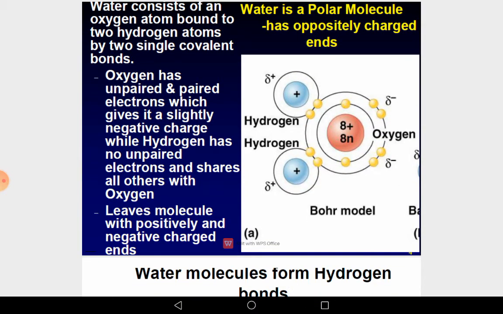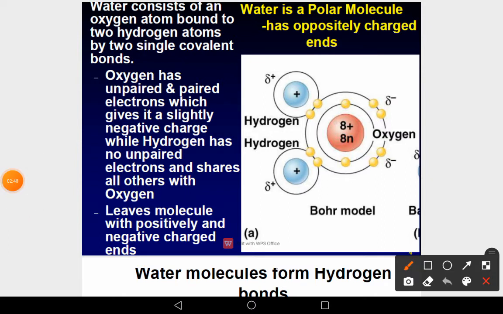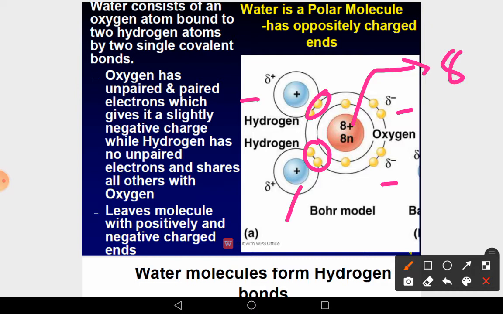Water consists of an oxygen atom bound to two hydrogen atoms by two single covalent bonds. Water is a polar molecule and has oppositely charged ends. This is an oxygen atom with 8 protons and 8 neutrons, and it also has 8 electrons. This is how the hydrogen atoms are sharing and forming a covalent bond with the oxygen atom, and the unpaired electrons of the oxygen atom possess a small negative charge.